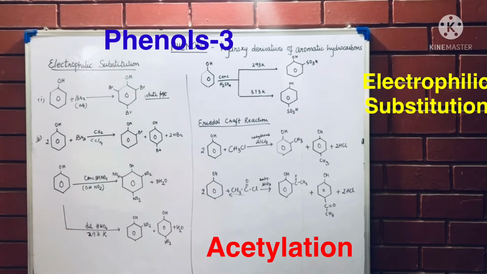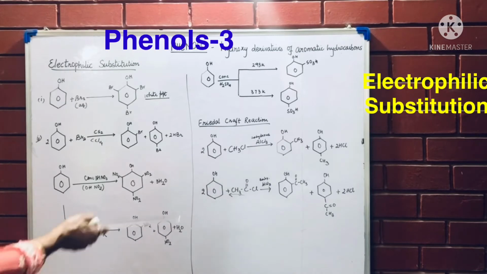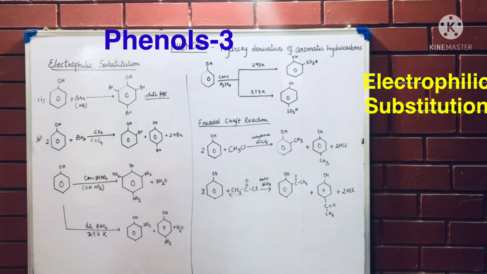If in the exam Friedel-Crafts reaction is written, if it only says Friedel-Crafts reaction, you can write either of the two equations. But if it says Friedel-Crafts alkylation, then only the alkyl group should be added. If it says acetylation, then only the acetyl group should be added.